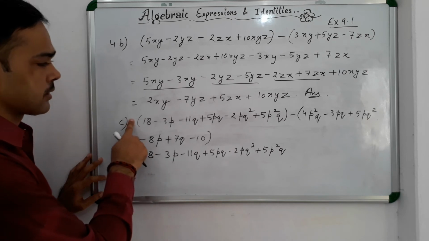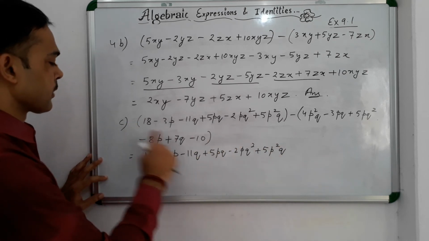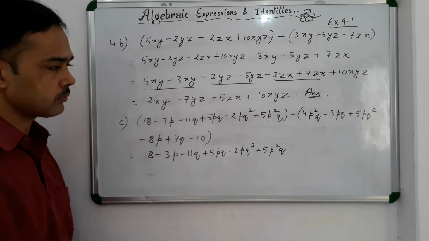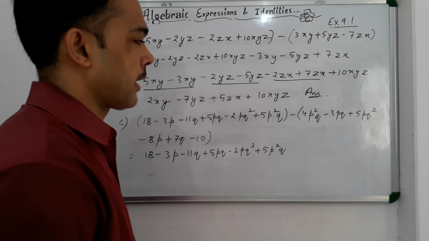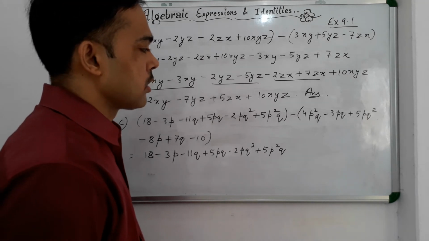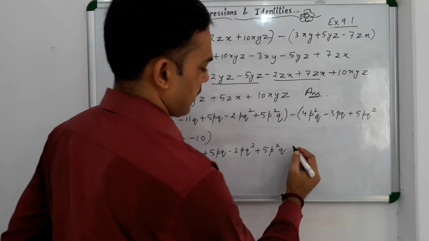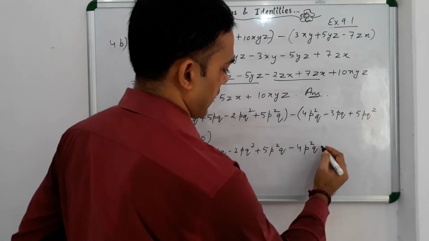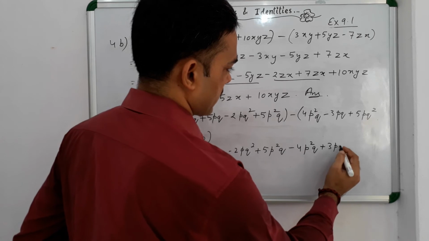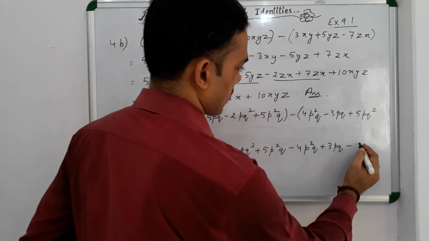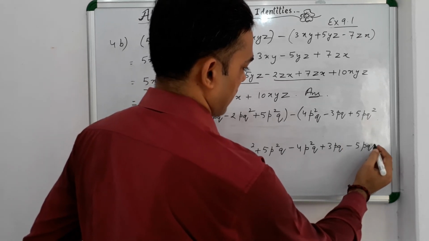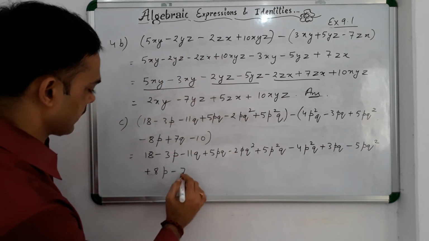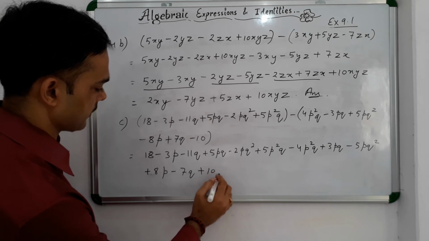The reason behind it is that there is no sign, so the sign is positive and their sign will not change, which are inside the bracket. But now over here it is minus sign outside, so we will change the sign. This positive will become negative, so 4p square q; this is minus, so it will become positive 3pq; this is positive, so it will become negative; and this is negative, so it will become positive.